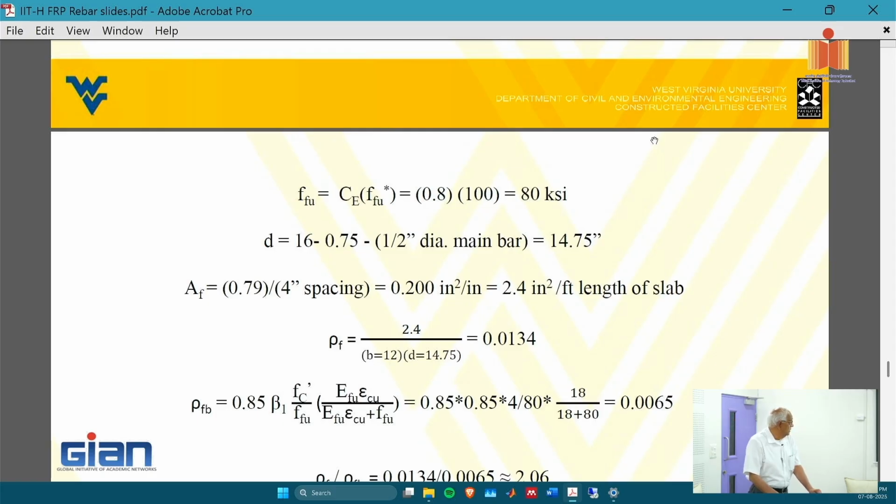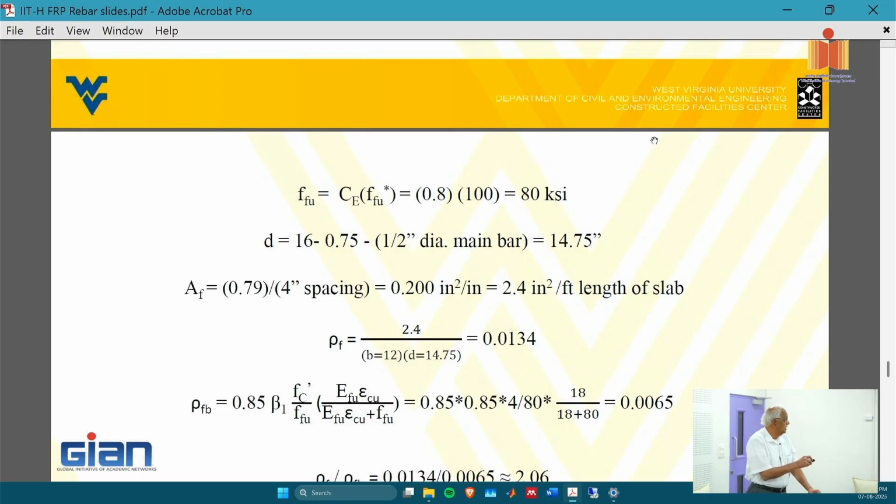Here, how do I find the area of the bars? We are looking at a unit width, meaning a 1 inch width or a 1 foot width. That's a very standard approach. You keep it very simple.